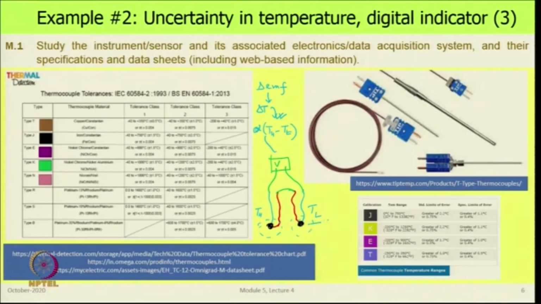So, one junction we call the reference junction. And one very good reference that we have is the triple point of water, 0.01 degrees Celsius. So, if we keep one as the reference junction, then we add this value to this delta T and we get TH.